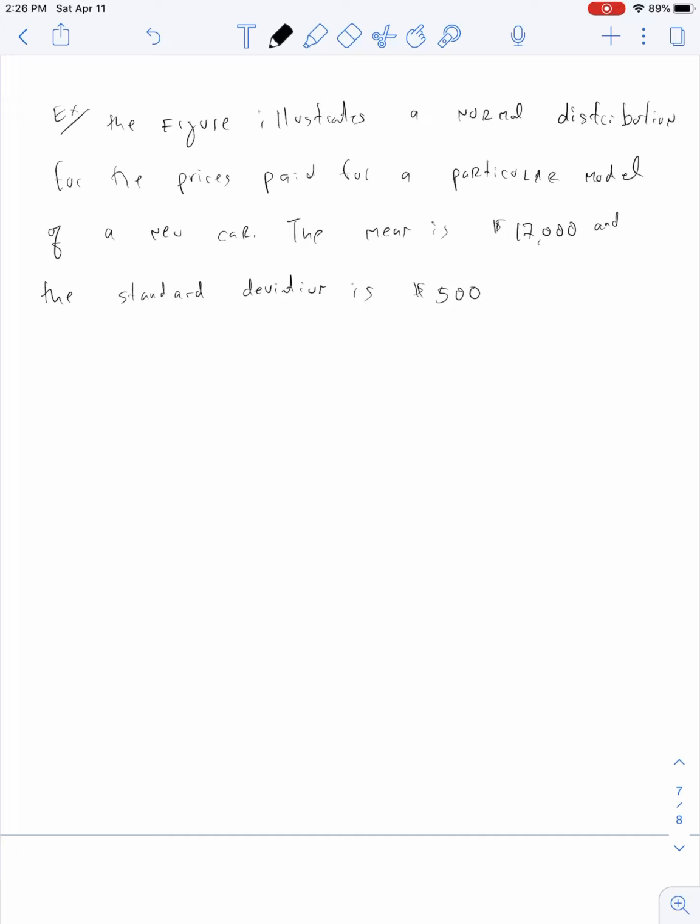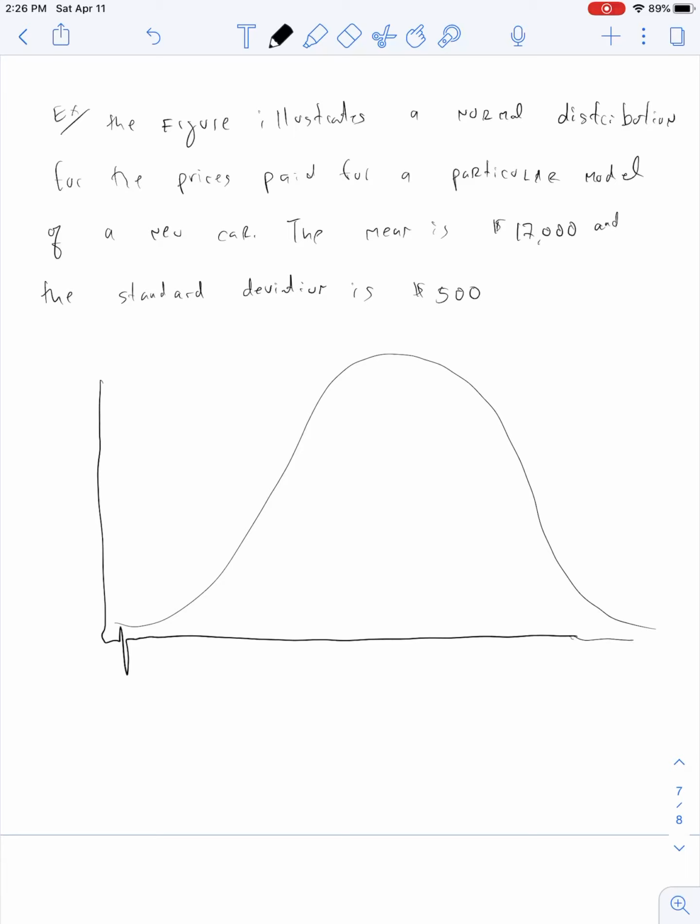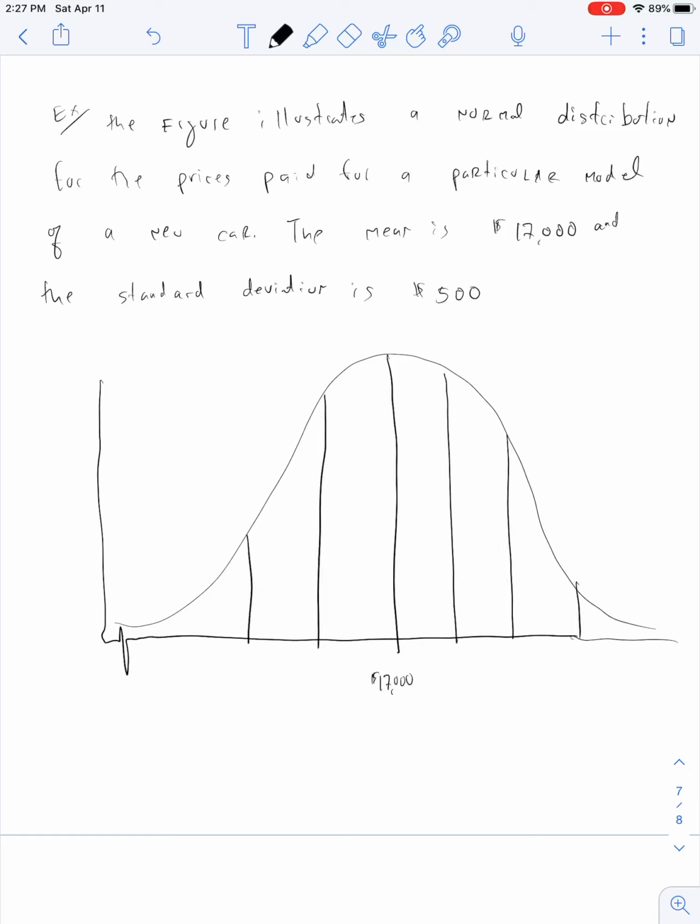Right, so let's take a look here. This is what our normal distribution curve looks like. All right, our mean, 17,000. Once again, we have 3 of them to the right. 1, 2, 3. 3 of them to the left. 1, 2, 3.